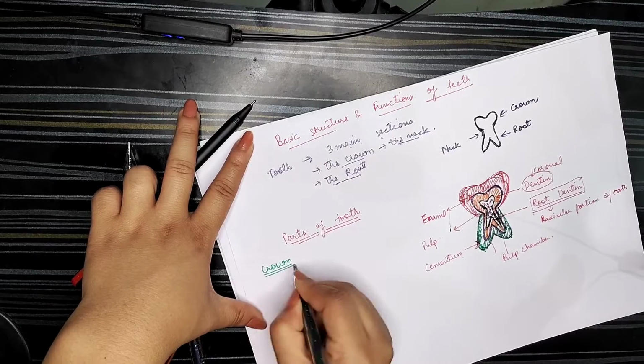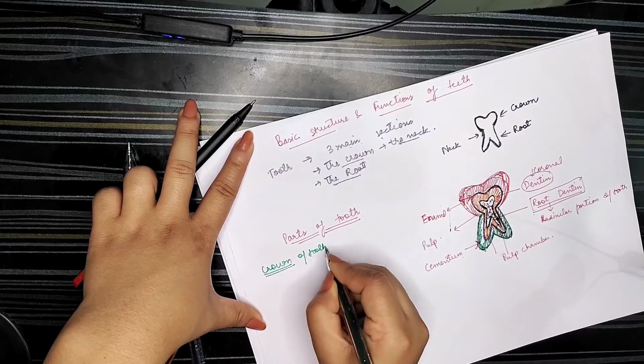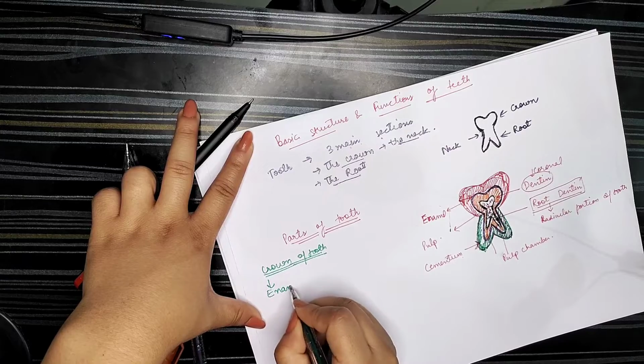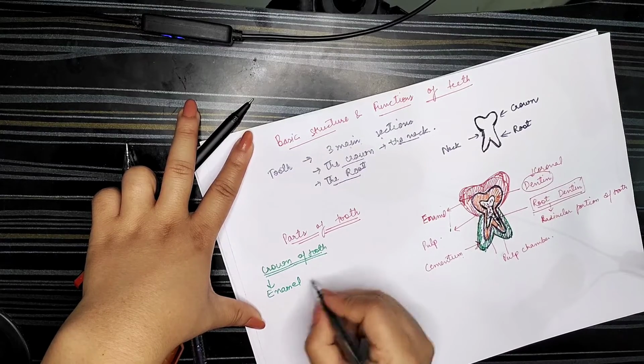Okay. The crown of tooth consists of, what is inside the crown? Enamel.